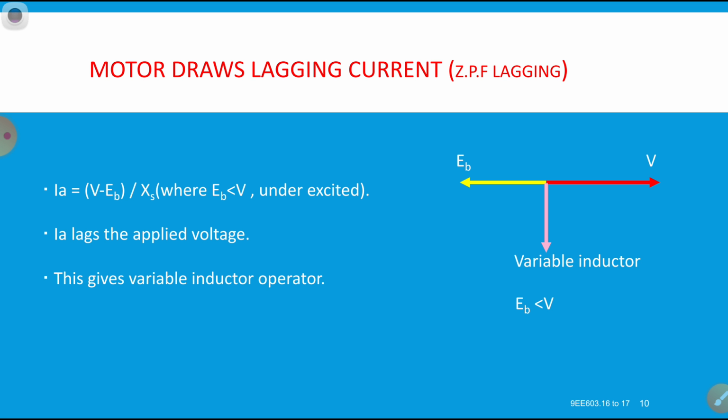Dear students, you can observe the beauty of the synchronous motor. By simple excitation of the rotor, our motor acts as a capacitor or as an inductor. These basic principles are used where we are going to change our power factor.